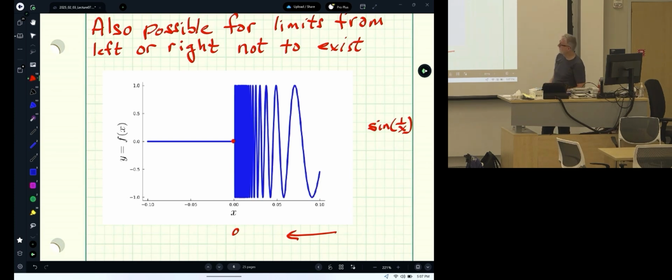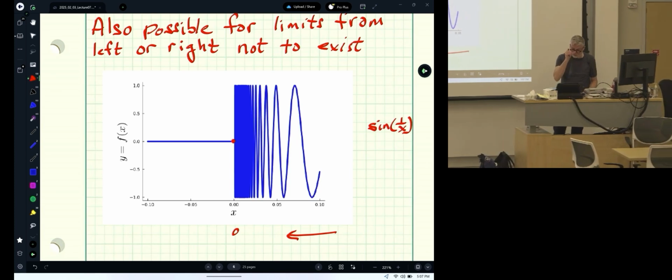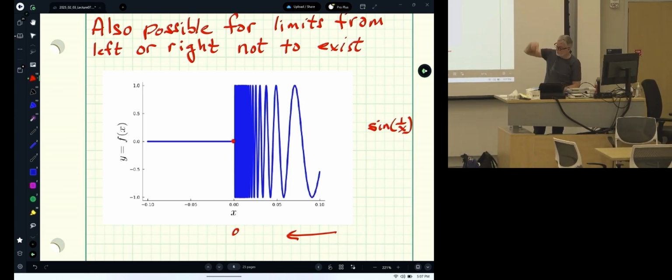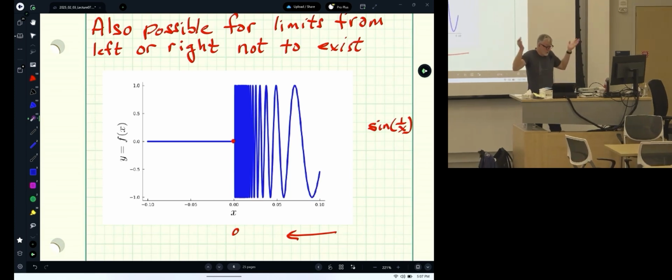So 1 over x is blowing up to infinity, and so sine is oscillating an infinite number of times, and you can see in the book that the limit from the right of this function does not exist. If we approach x like this, the function is not settling down to a value. It just oscillates. So the limit doesn't exist. Okay?